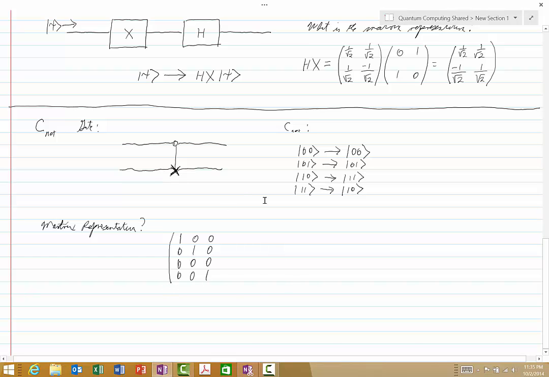And then finally, 1 1, which, as we've just said, is 0 0 0 1, goes to 1 0, which is 0 0 1 0. So this is the matrix representation of this 2-qubit transformation that is achieved by the CNOT gate.